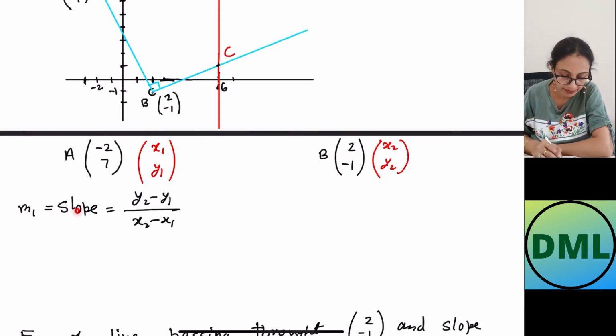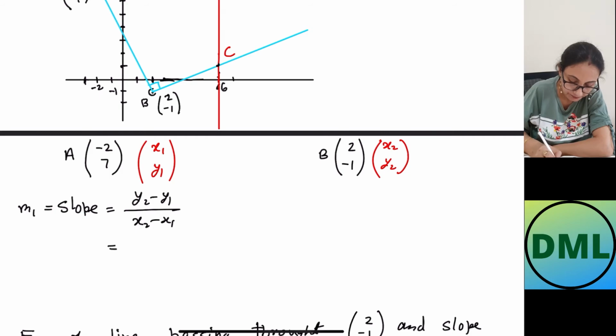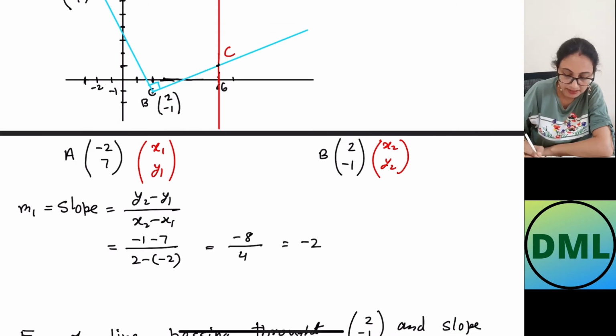So our slope m1 is given by y2 minus y1 over x2 minus x1. Let's put back the values here. That will be minus 1 minus of minus 7 over x2 minus x1. This is 2 minus of minus 2. That is equals to minus 8 over 4, that is equals to minus 2.